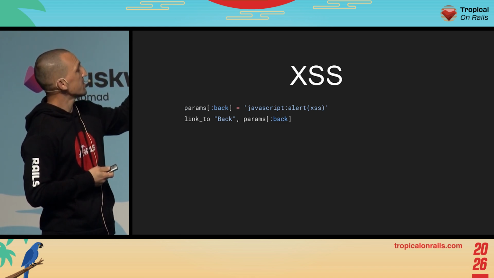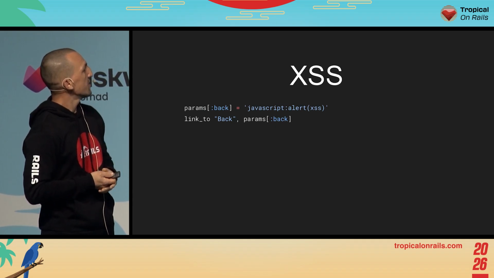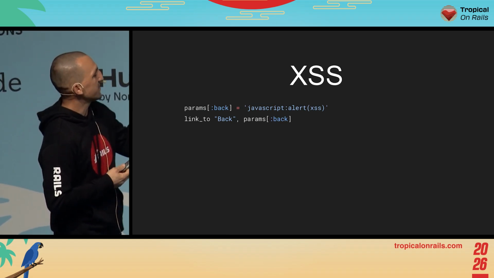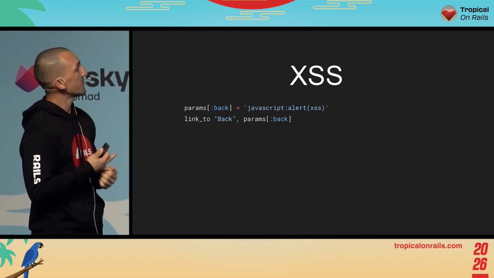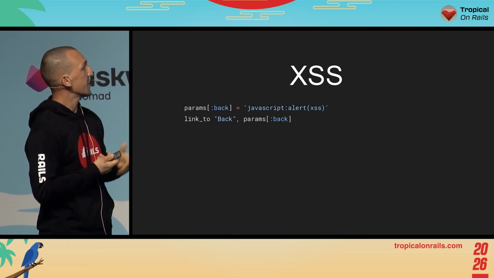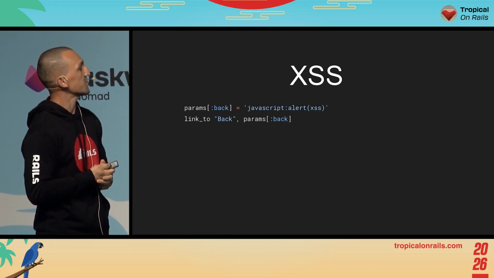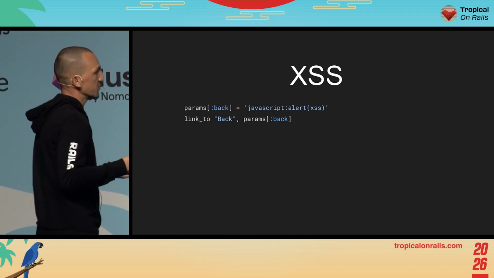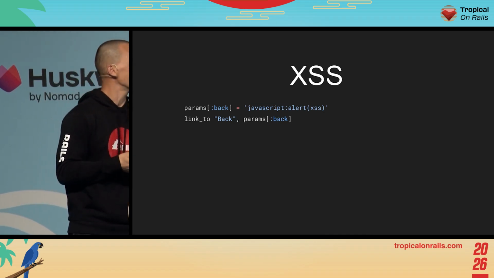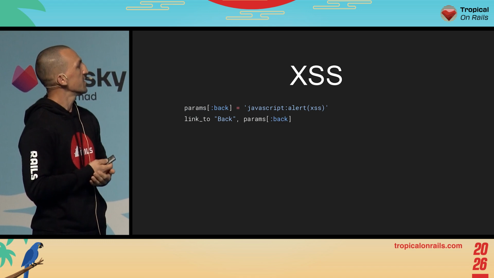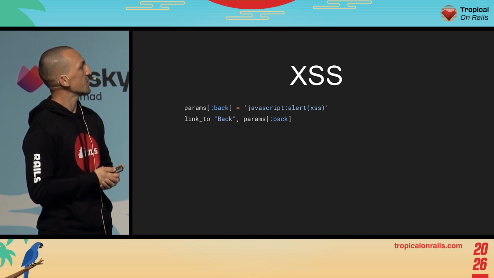I also found this backlink issue, actually in one of the open source Rails apps, which is well known, where the backlink was coming from a URL param, and you could set that to a JavaScript payload, and that was ending up being an XSS vulnerability. But the rest of Rails, everything is escaped by default. You should always just be careful when you explicitly use html_safe or the double equal sign to output anything in your ERB files.